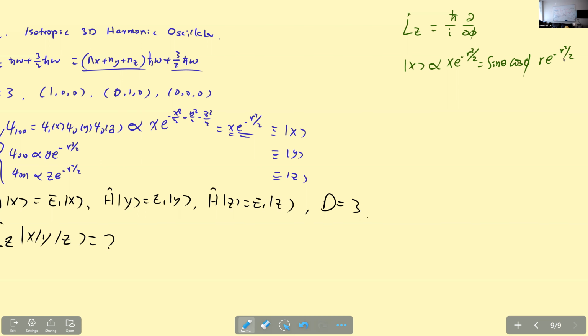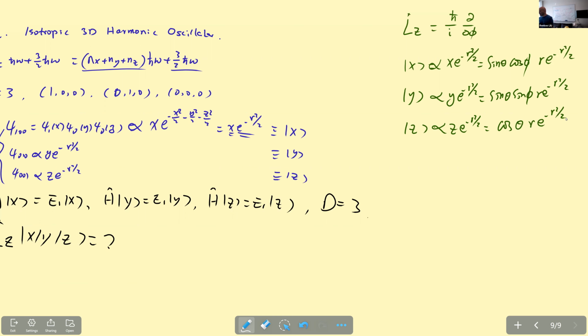And y is y e to the minus r squared over 2, that's sin theta sin phi, r e to the minus r squared over 2. And z is z e to the minus r squared over 2, that equals cosine theta, r e to the minus r squared over 2, right?